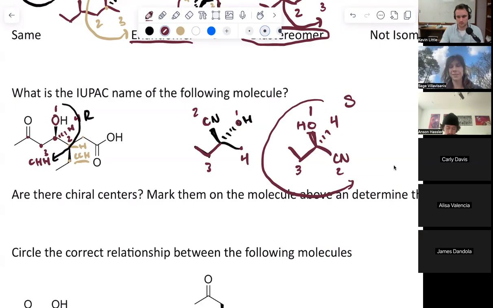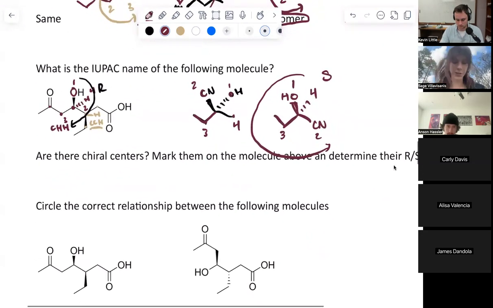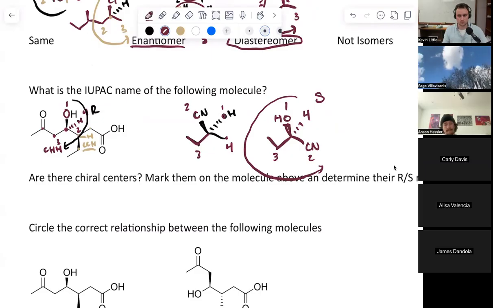But I saw this thing online where if you switch the places of the lowest priority with the dashed one and then the other two substituents, if you switch those two, you would still maintain the chirality, but be able to still get your R and S. Okay, so if the lowest priority is on a wedge, you can find the RS and just use the opposite of that.